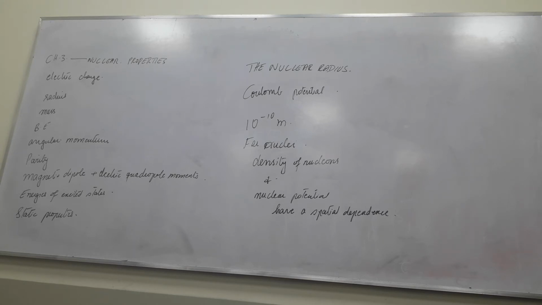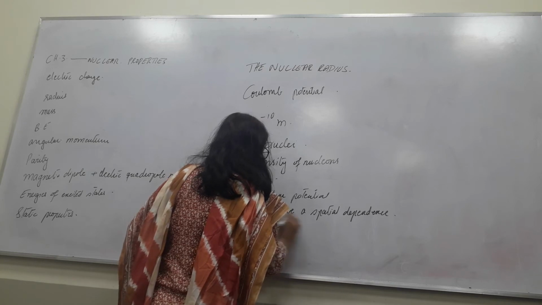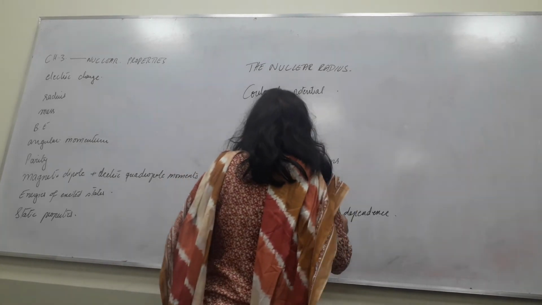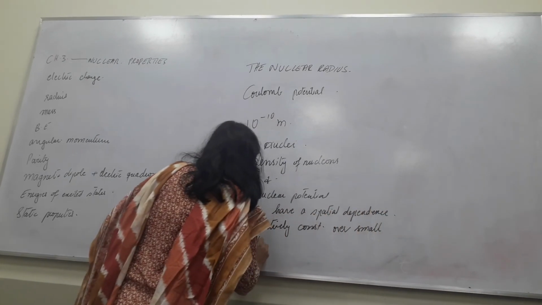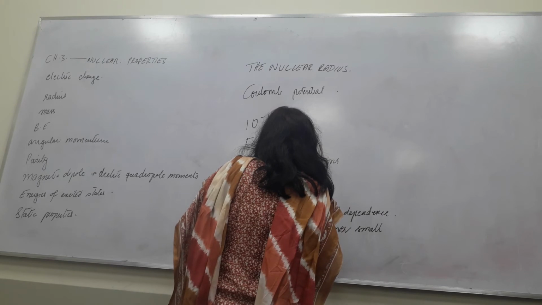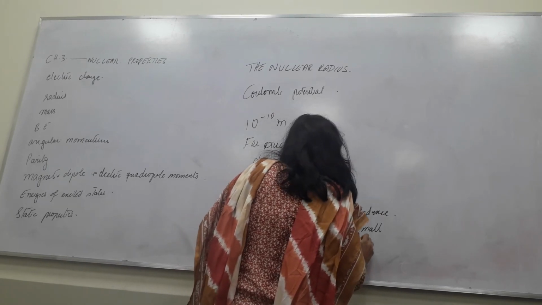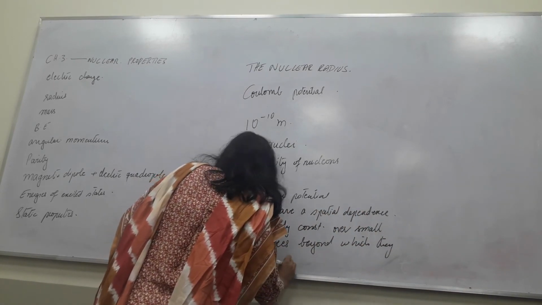Different elements will have different numbers of nucleons inside the nucleus. So, the radius will also depend on that, and it will also depend on the nuclear potential. So, it will be relatively constant over small distances, beyond which they will drop rapidly to 0.